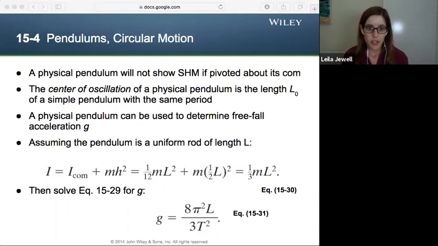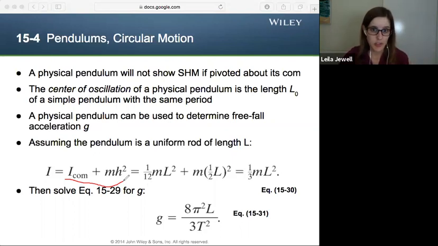So assuming the pendulum is a uniform rod of length L, then we can say, hey, what's the rotational inertia? Well, the rotational inertia about the center of mass of a rod is 1/12 mL squared. But here we are not pivoting about the center of mass, because we wouldn't have simple harmonic motion if we did. So we're going to use the parallel axis theorem to shift our rotation axis from the center to h distance away.